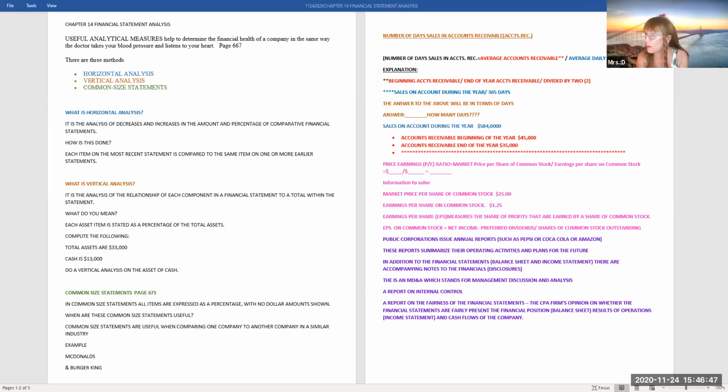Now, does anybody remember what accounts receivable is? I mean, is it an asset, a liability, or owner's equity? Asset. Yes, it is an asset. Very good. You take the beginning accounts receivable balance, and then you take the end of the year accounts receivable. You add them together and you divide by 2.